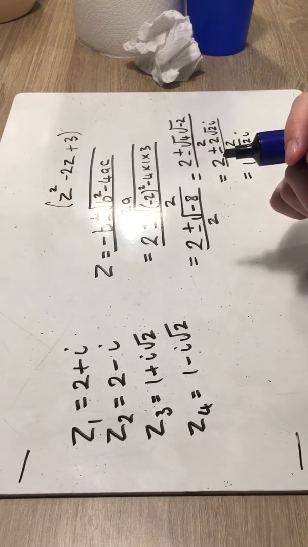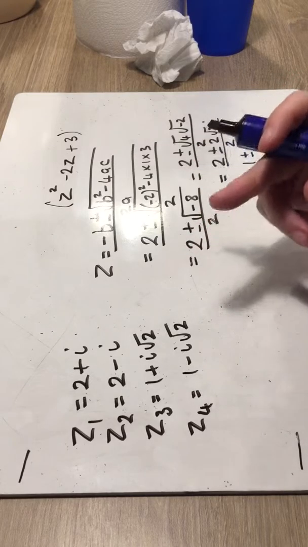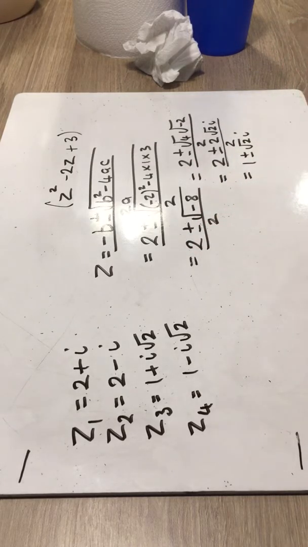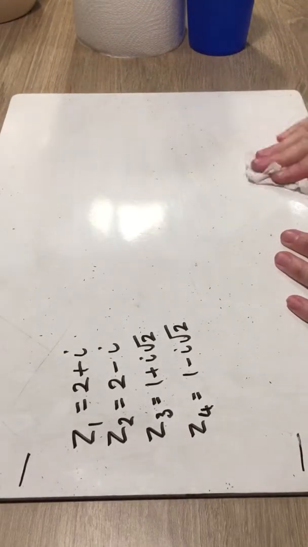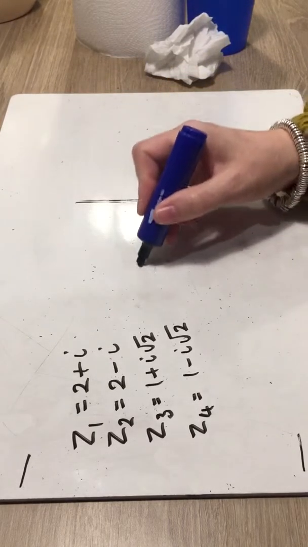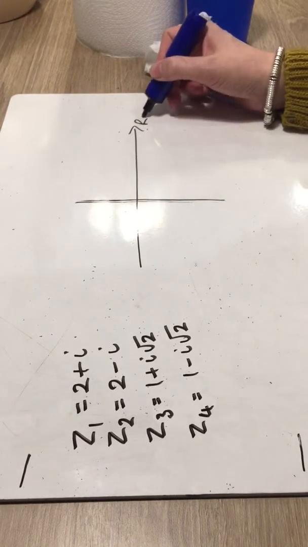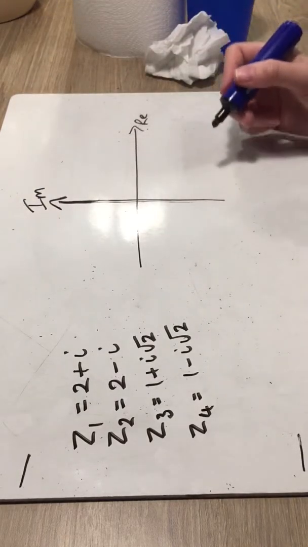Now part C tells us to show the roots on an Argand diagram. So that should be easy enough. Okay, so Argand diagram, real, imaginary, and you just plot each one.